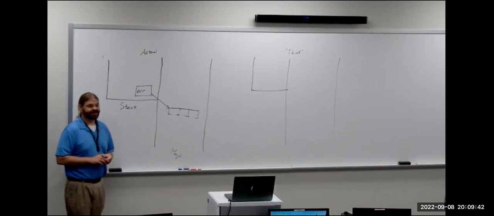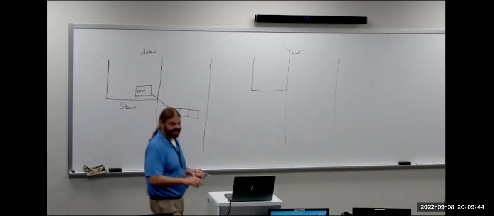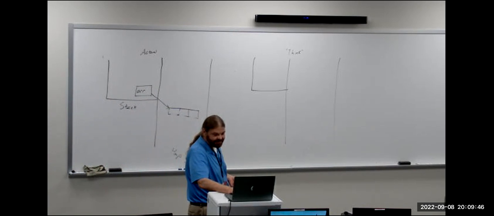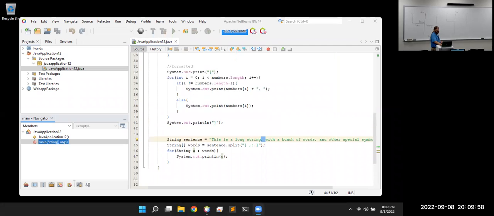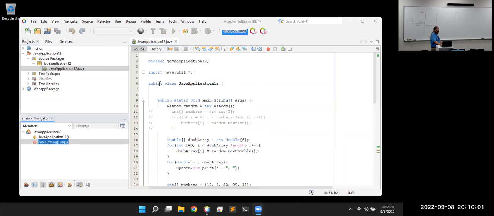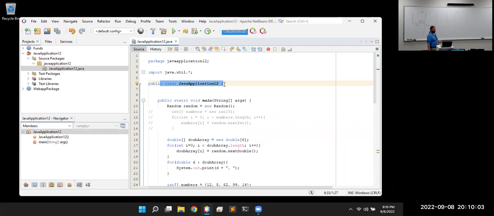We've been making objects like, what was this example called? Did I even give it a name tonight? So we could make a whole bunch of Java application 12 objects. J1 equals new Java application 12.